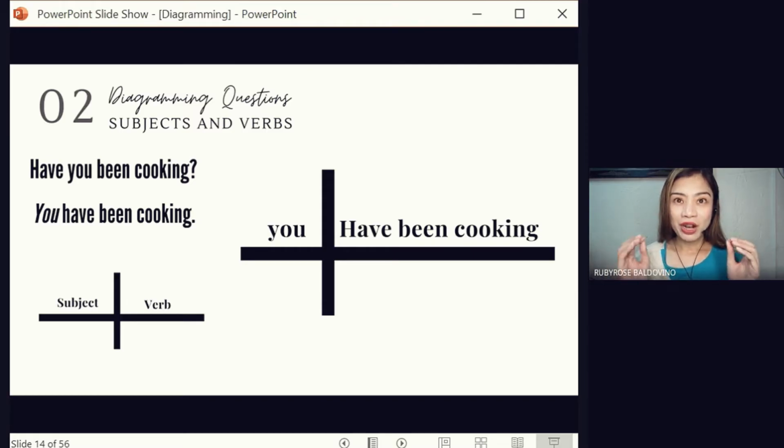Once you turn it into a statement, it's easier to identify the subject and the verb. Again, that's just in case you find it hard to identify the subject in an interrogative sentence. Basically it's the same. You, being the subject, is on the left, and have been cooking, being the verb, is on the right.